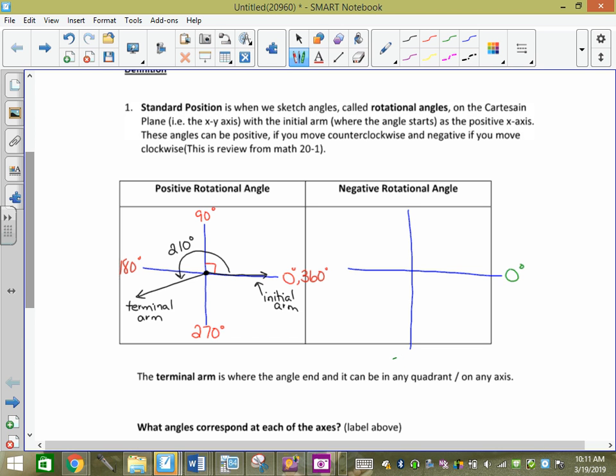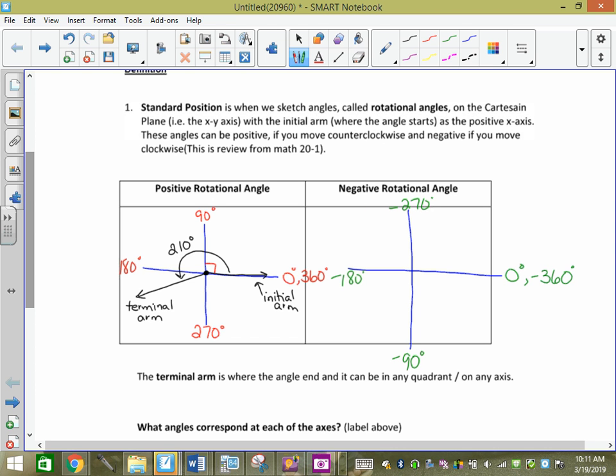So this would be negative 90, negative 180, negative 270, negative 360. And then I could keep going, negative 450, negative 540, and just keep going around. Over and over, and keeps rotating, right?